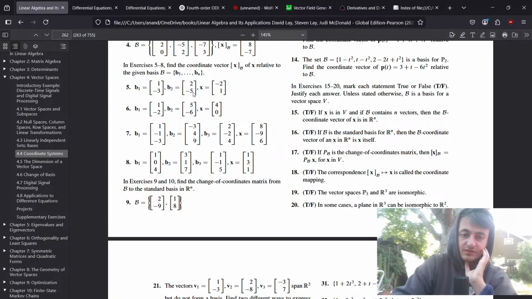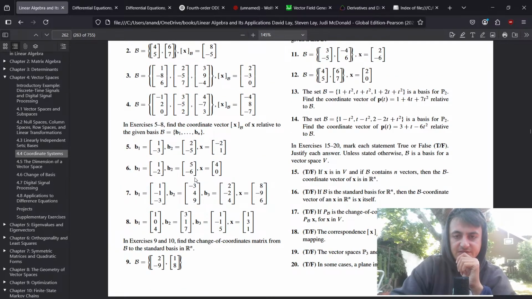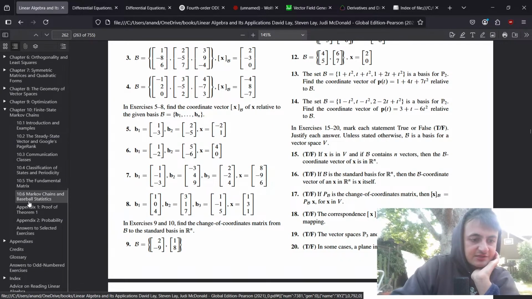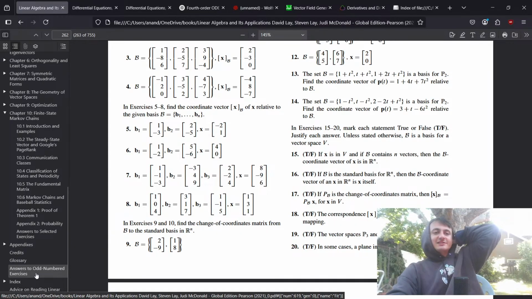All right. In exercises 9 and 10, find the change of coordinates matrix from B to the standard basis. Okay, we'll do 9. Actually, is there answers at the end of this book? Oh, there are. I never realized that. That's so sick.